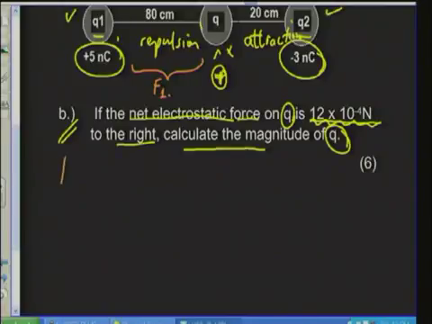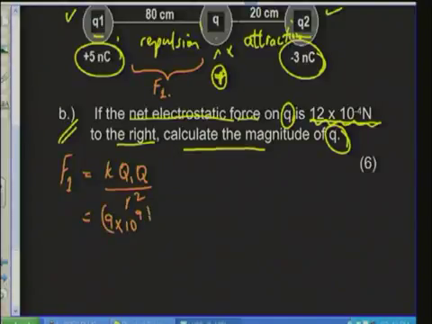So for F1, that will be equal to K, Q1, and Q, divided by r squared. And that will be equal to 9 by 10 to the power 9, that is K, times Q1, which is 5 by 10 to the power minus 9, because it's nanocoulombs, times Q, divided by, what is the distance between them?